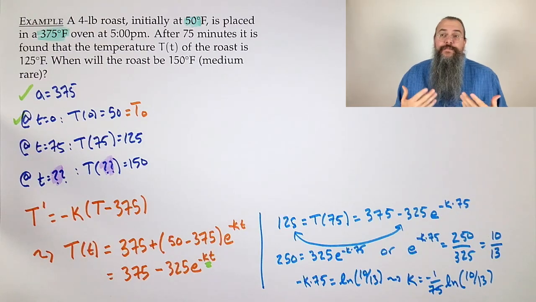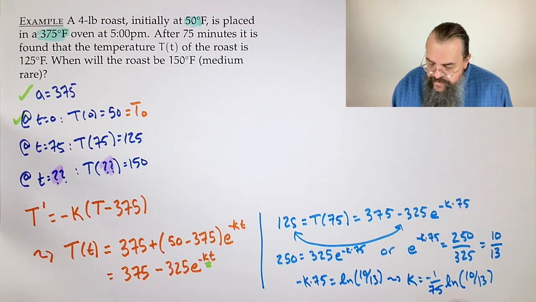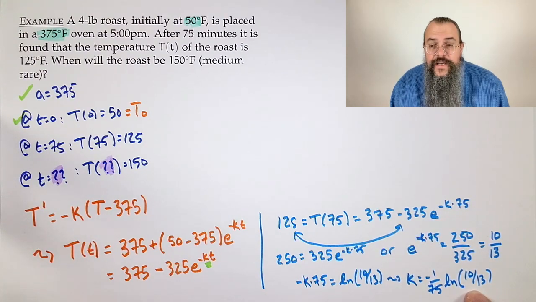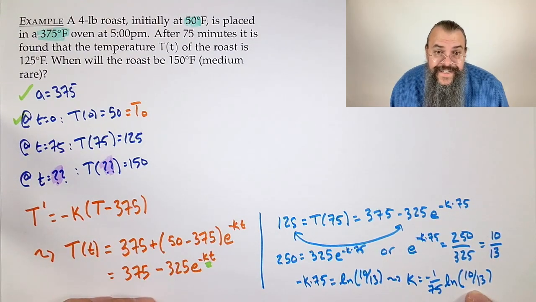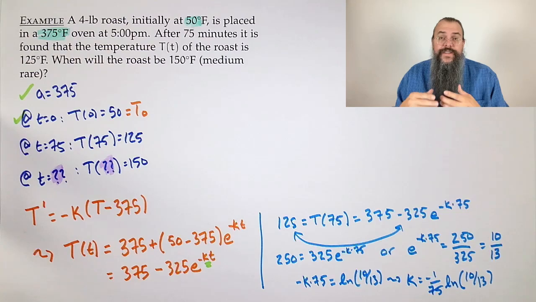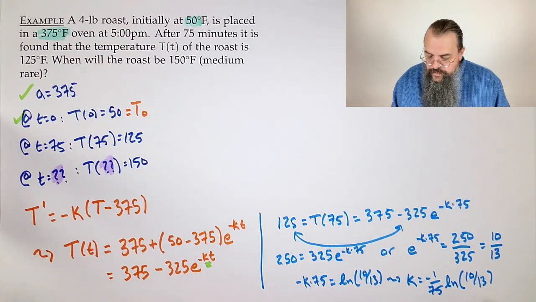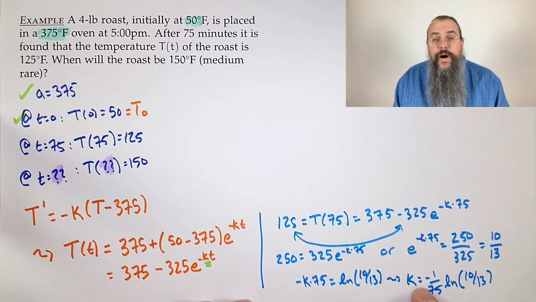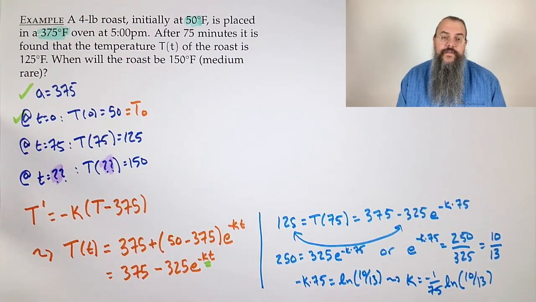Notice that we're taking a log of a number, and 10 over 13 is a number below 1. The log of a number below 1 is actually a negative number. So really, there's a negative and another negative, and so this whole thing is a positive value. So k is actually a positive value.